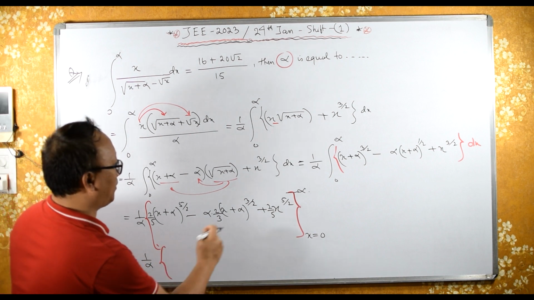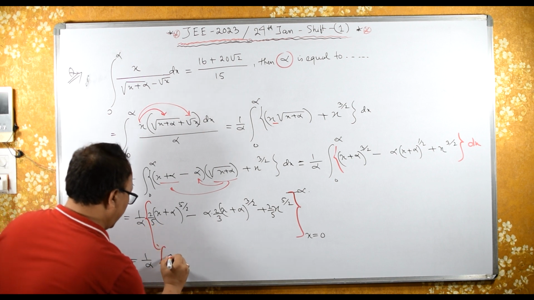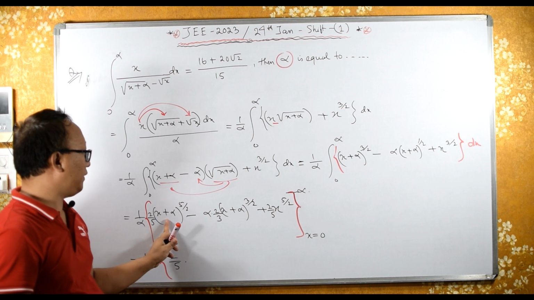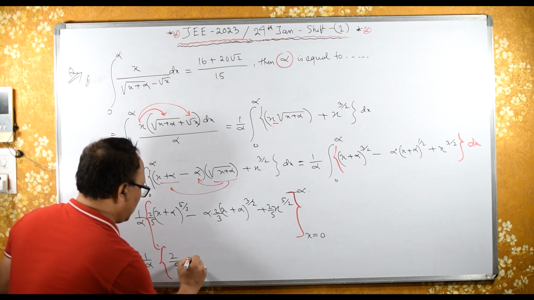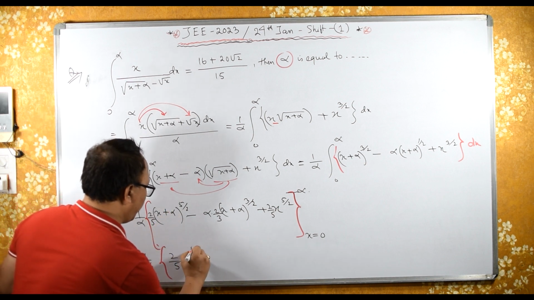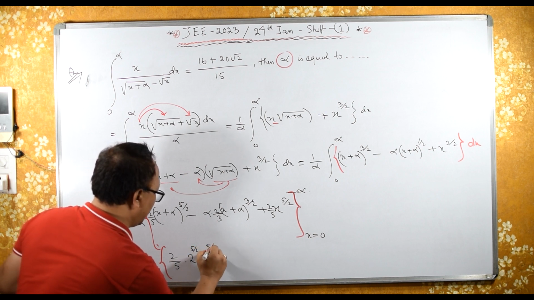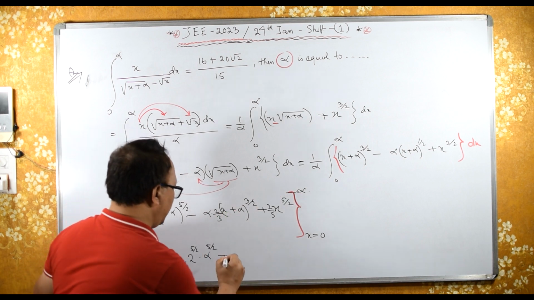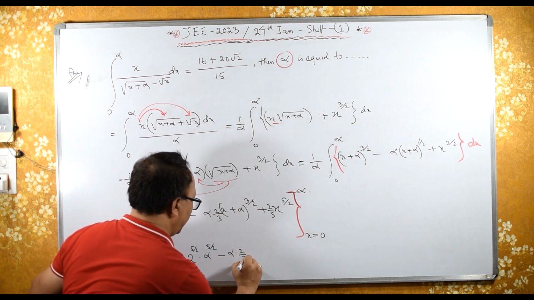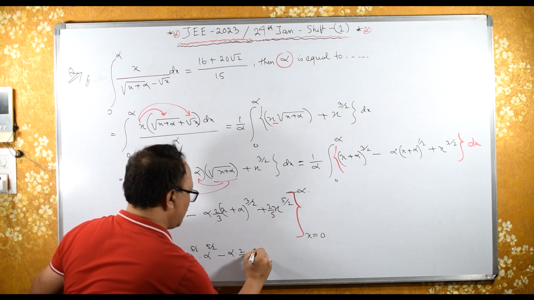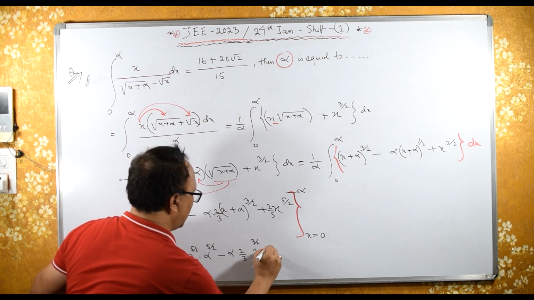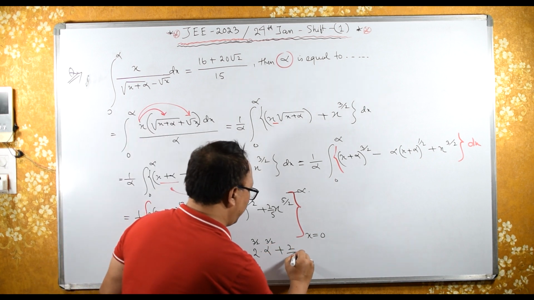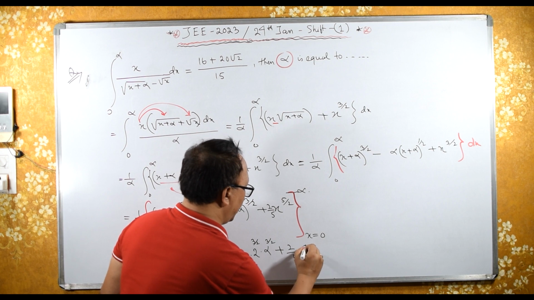Now let's substitute the upper limit first. Here 2 by 5, and alpha plus alpha is 2 alpha, 2 alpha raised to 5 by 2, let's separate it as 2 raised to 5 by 2 into alpha raised to 5 by 2, minus alpha into 2 by 3, here 2 alpha, same as 2 raised to 3 by 2, alpha raised to 3 by 2, plus 2 by 5, alpha raised to 3 by 2.